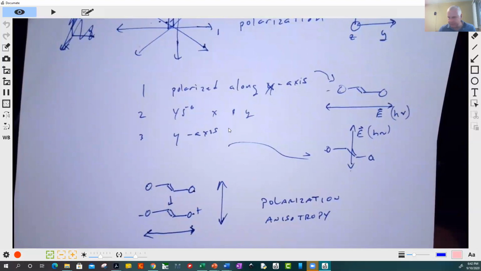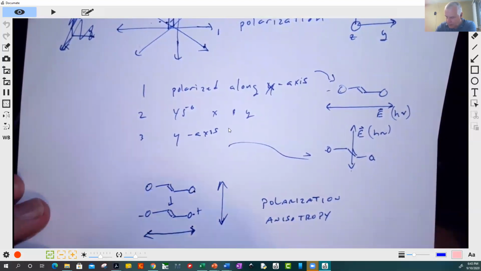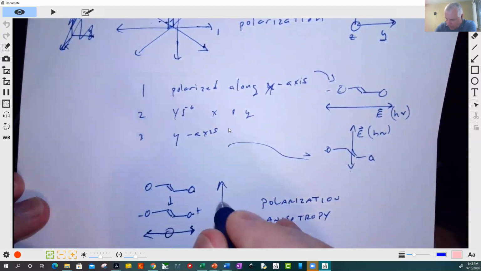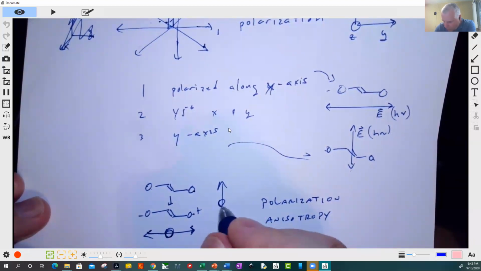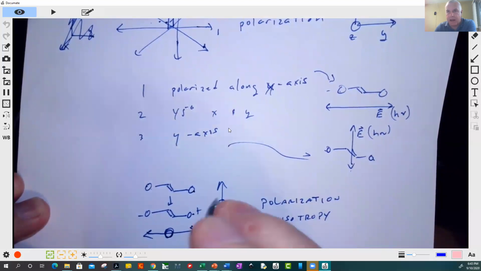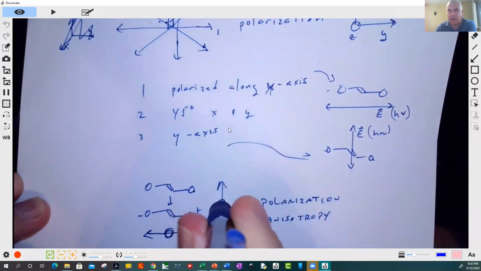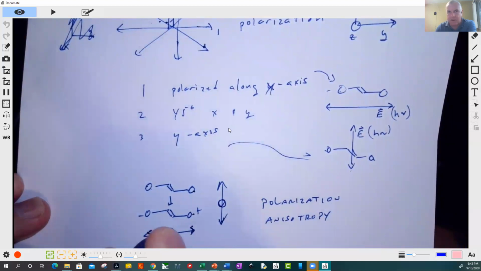Okay. So what if, instead of a photon coming out of the page like this, right? Let's just say that this circle that I'm drawing here indicates that the photon direction is into and out of the page, right?